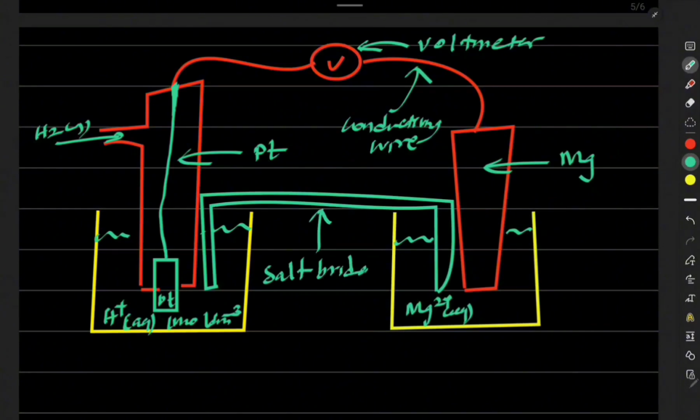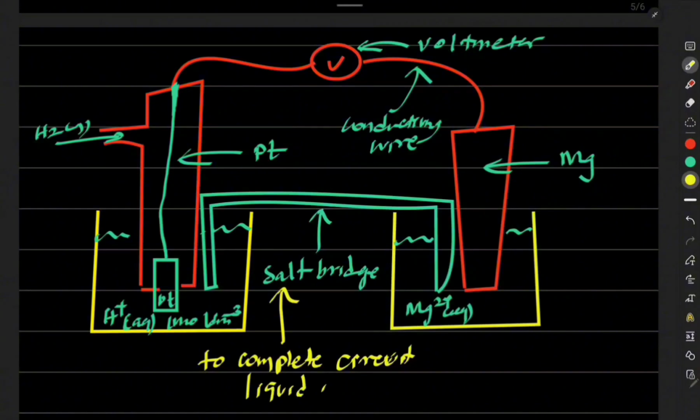I'll explain what the salt bridge is. We use a salt bridge to complete the circuit, which acts as a liquid junction.